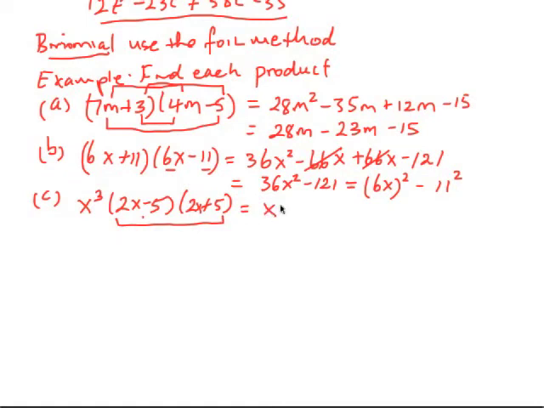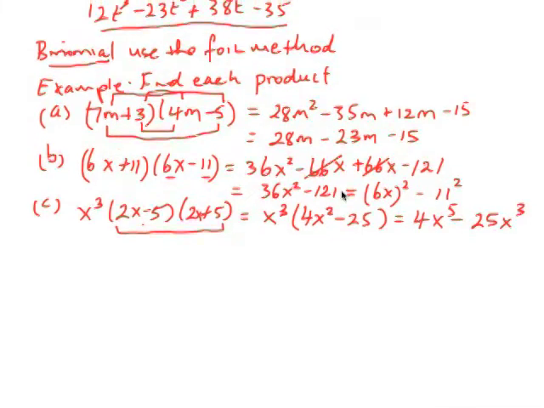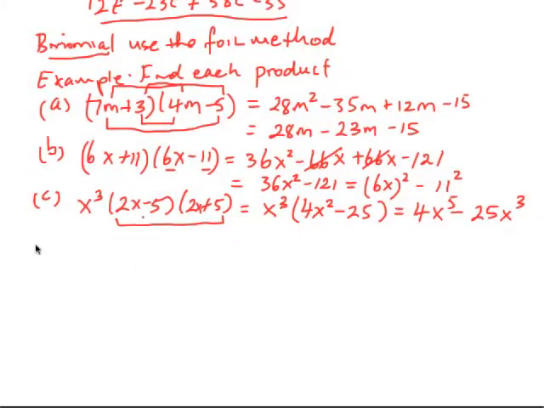So this would be x cubed by 4x squared minus 25, because that's the difference of two squares. And so now we just distribute, and this would become 4x to the 5 minus 25x cubed. And that's how we do that one. So there's a few special cases that we should look at.